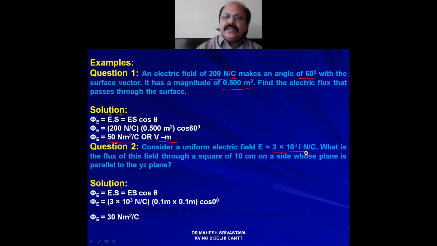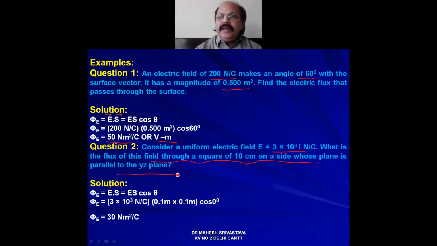What is the flux through this field through a square of 10 centimeter on a side? Means you have to calculate the electric flux through a square of side 10 centimeter whose plane is parallel to the YZ plane. Whose plane is parallel to YZ plane.